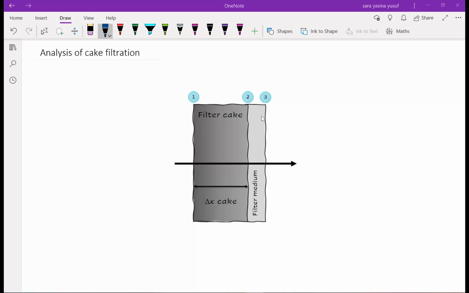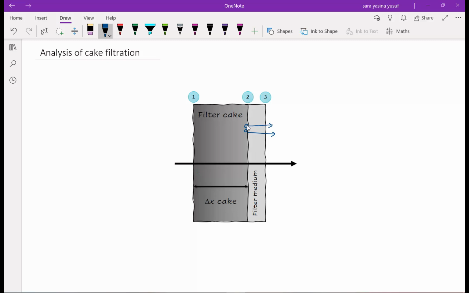The filtering medium has a certain pore diameter that will retain some larger particulates from passing through the medium, while the small particles will pass through.